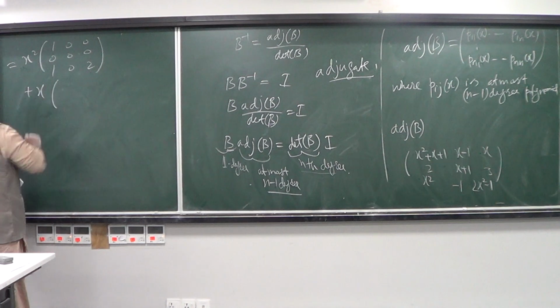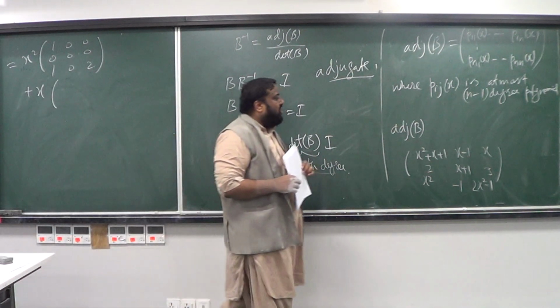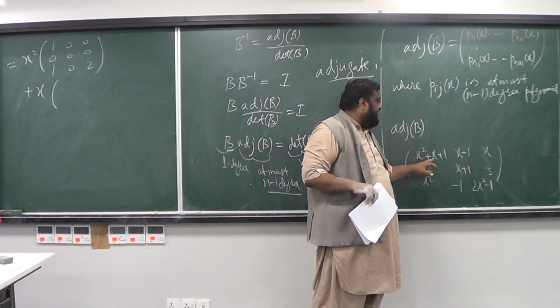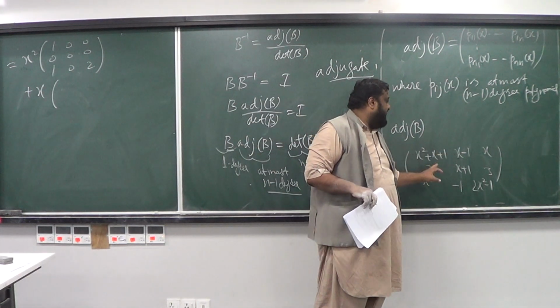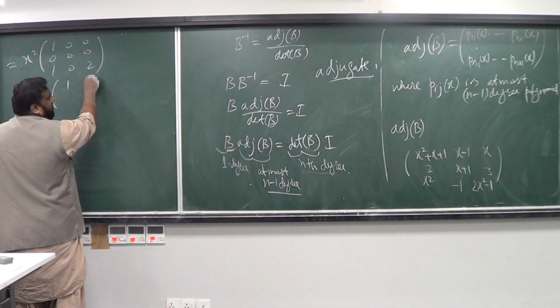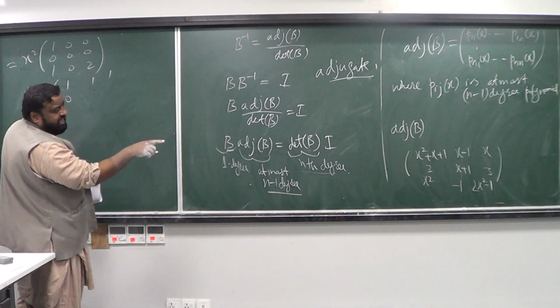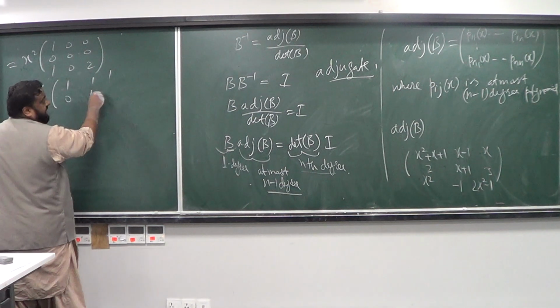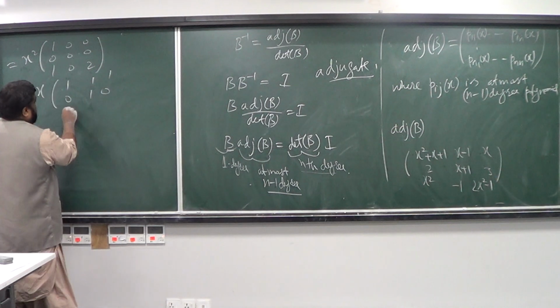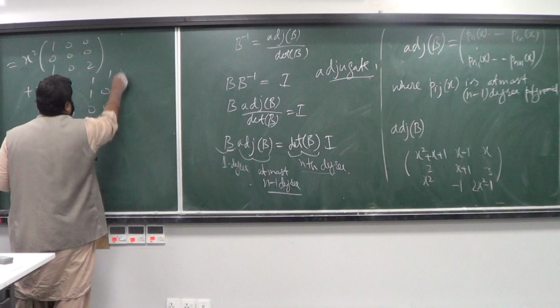Plus, I can say I have x. Now I can take all entries in which the x is there. So it's going to be 1, 1, 1. There is no x in the second quantity, 0. I can write 1, 0, 0, 0, and 0.